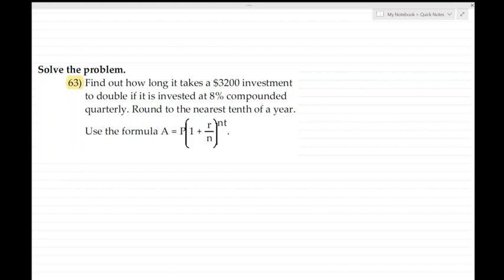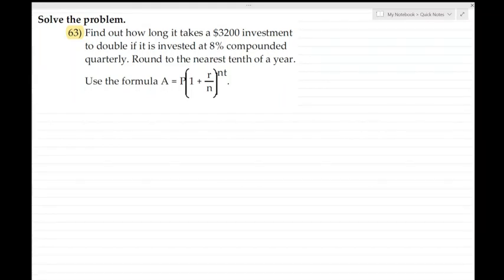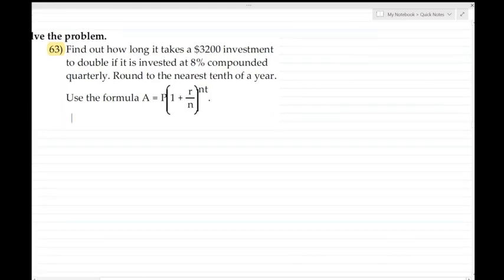Well, P is the initial amount, so P is $3,200. The investment rate is 0.08. T, we are looking for it. We don't know. N equals 4.